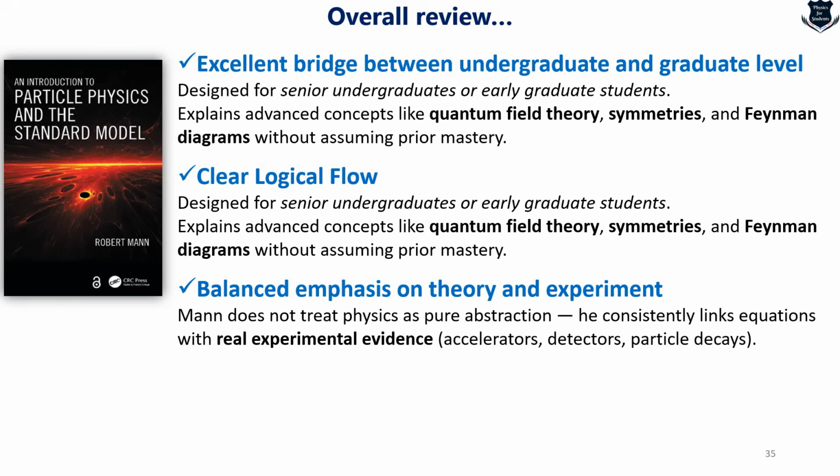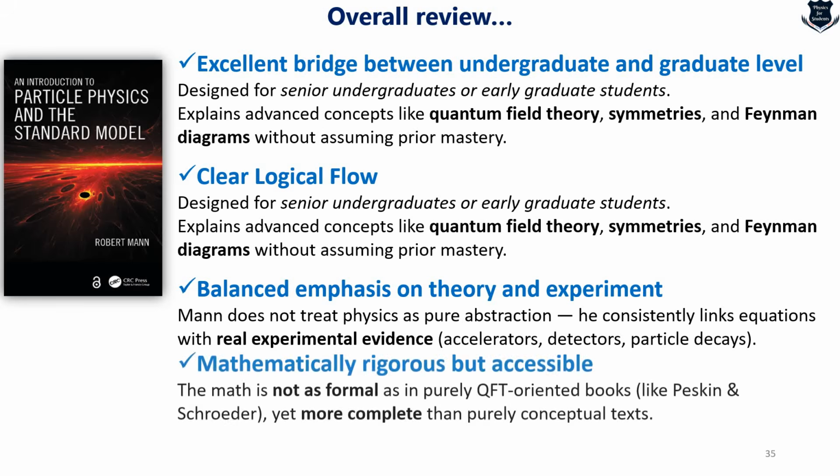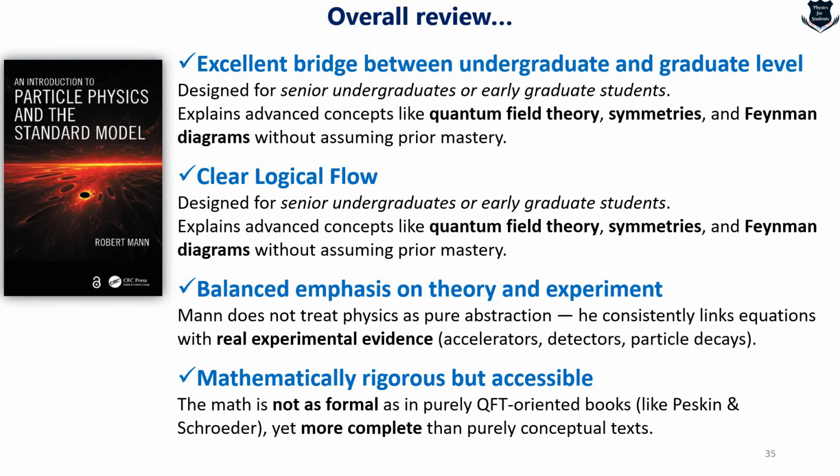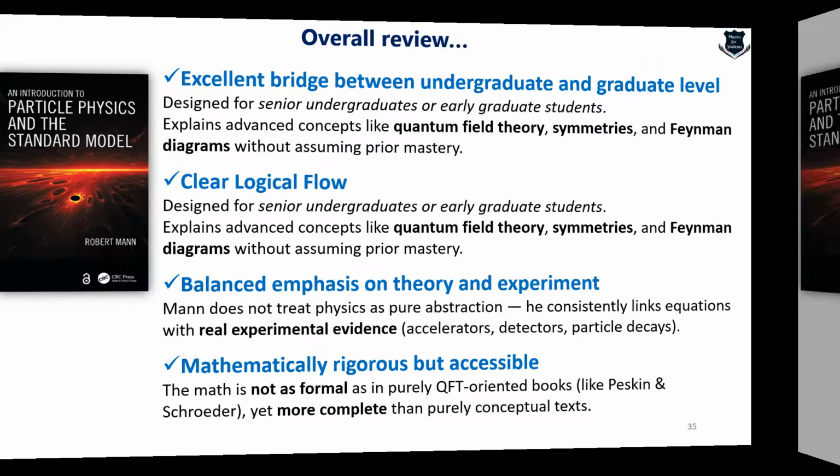So Professor Mann does not treat physics as pure abstraction, but he definitely goes back with real experimental evidence. Here mathematics is not very rigorous or formal, but it is more complete than pure conceptual texts.